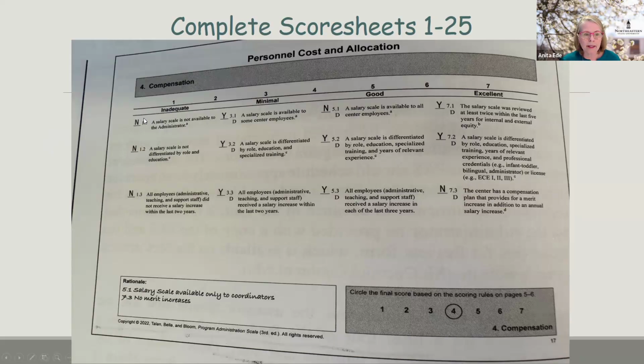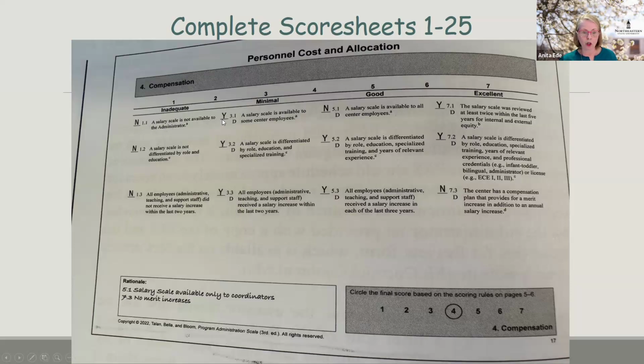If there's one inadequate item, that's it, they're a 1. And then you would circle 1. A score of 2 is given when all indicators under 1 are rated N for no, and at least half of the indicators under 3 are rated yes.